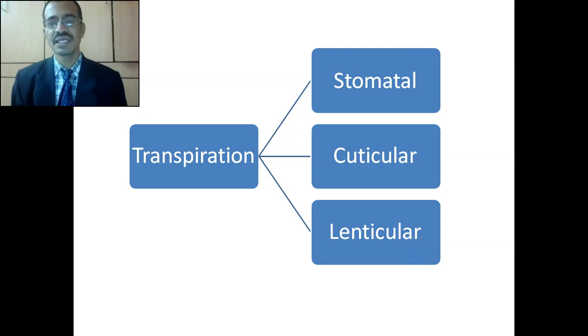We can see some of the lenticels present in the bark of the stem. In larger trees, we can find lenticels on the stem bark and also on the fruits. This accounts for 1 to 2% of the total transpiration. So the stomatal transpiration dominates, at 80 to 95%.